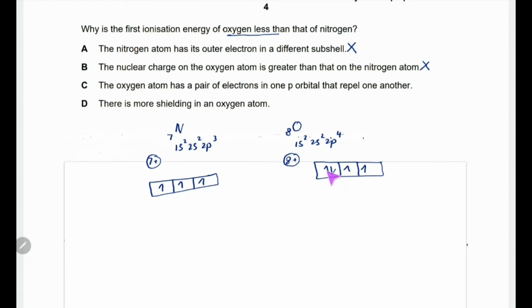So this pair repulsion allows one electron to be removed easily from oxygen. So this is the correct choice. The last one, there is more shielding in the oxygen atom. No, both atoms have the same number of shells, so their shielding effect is the same. It is not different. So choice C is the correct one.